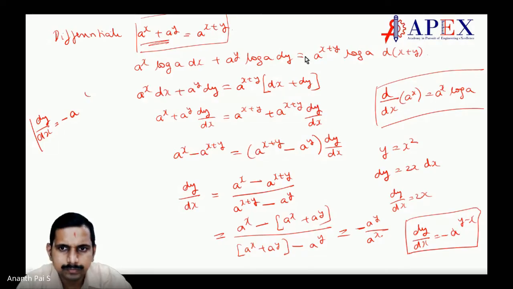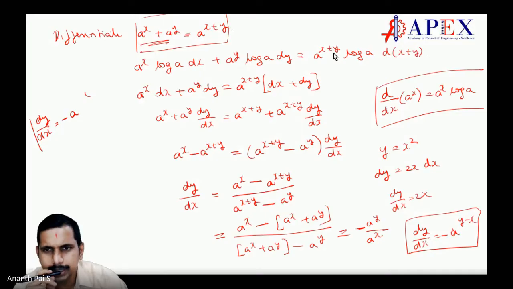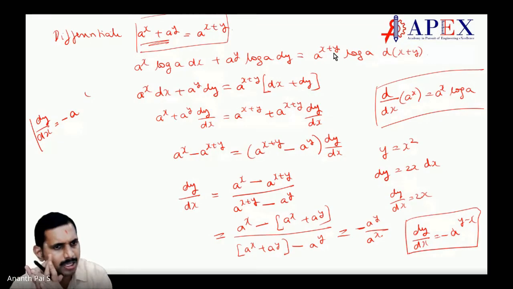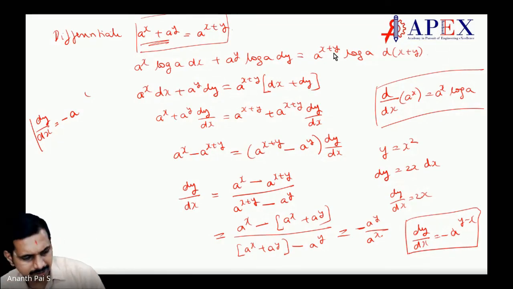Then we can cancel a power x. What I'm saying is then we'll get the equation a power x plus a power y equal to a power x dot a power y. Right. There are various ways to solve the same problem. I do agree with that.